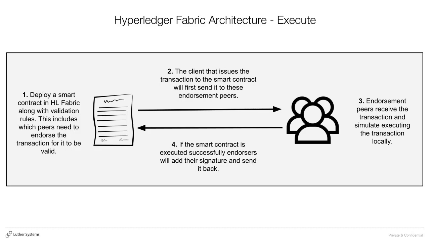You could have a smart contract that says these three endorsers need to endorse. For example, Hossein, Julia, and Sam all need to endorse this transaction in order for it to be valid. If David created a new transaction and sent it to this smart contract with this endorsement policy, David would create the transaction and send it to Sam, Julia, and Hossein to execute.